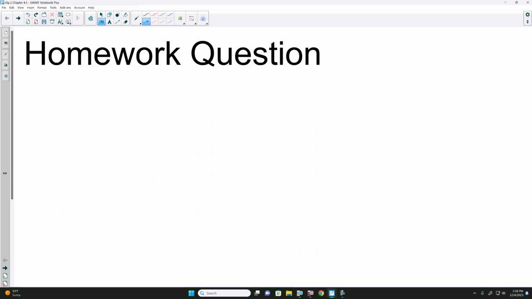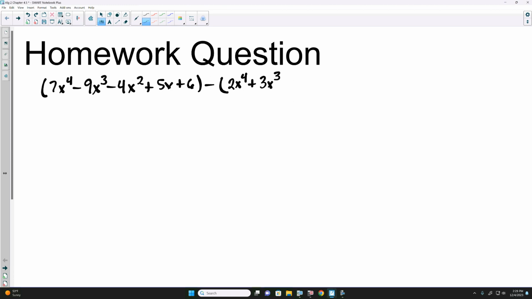4.2, number 10. 7x to the fourth minus 9x cubed minus 4x squared plus 5x plus 6, minus 2x to the fourth plus 3x cubed minus x squared plus x minus 4.